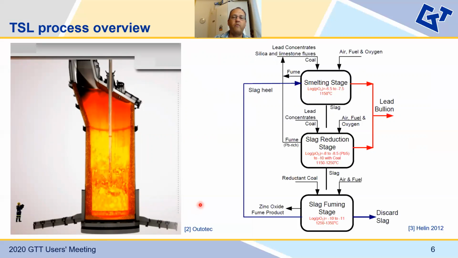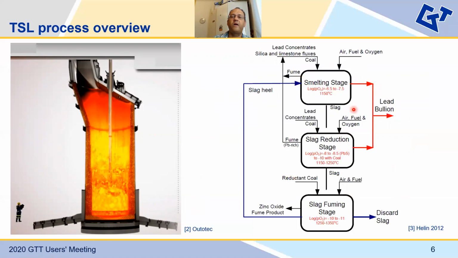In our case, we are focusing on the lead metallurgy. And in this process, you have basically three stages: the smelting stage, the slag reduction stage, and the slag fuming stage. Each step of this process occurs under different conditions. We are focusing on the smelting stage.